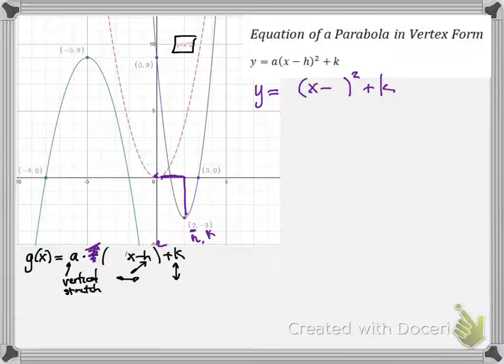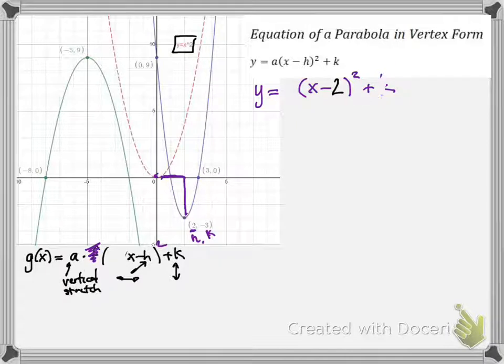So when I go to fill this into my equation, I'm going to go x minus 2, remember that, shifting to the right always ends up with a minus, and that's because the formula has a minus in it.